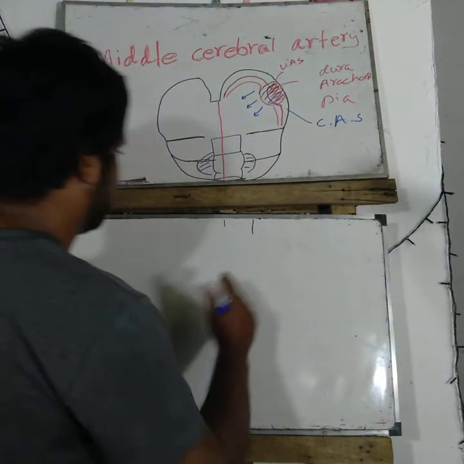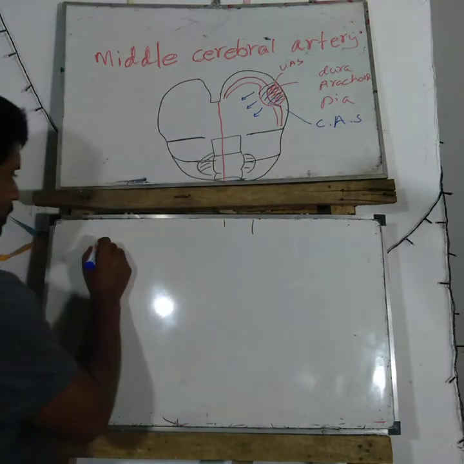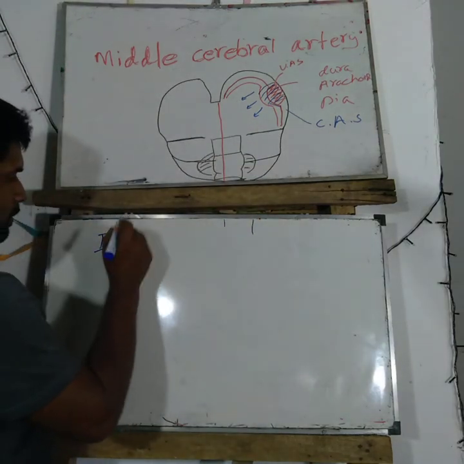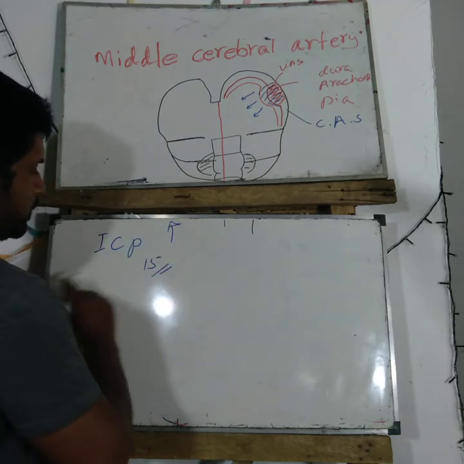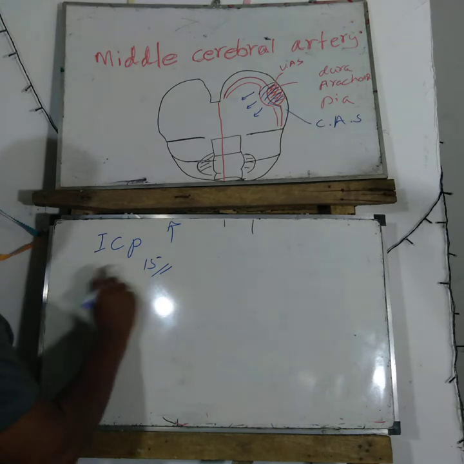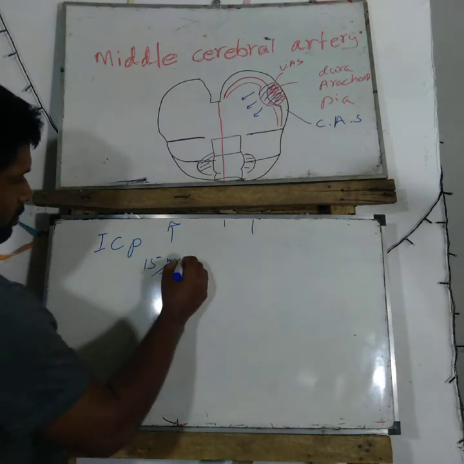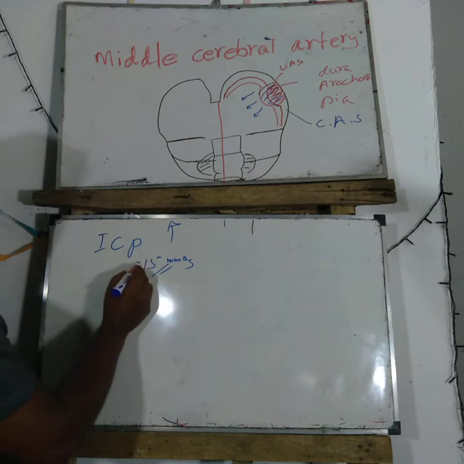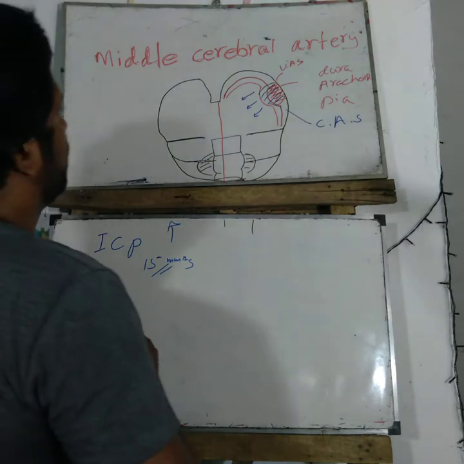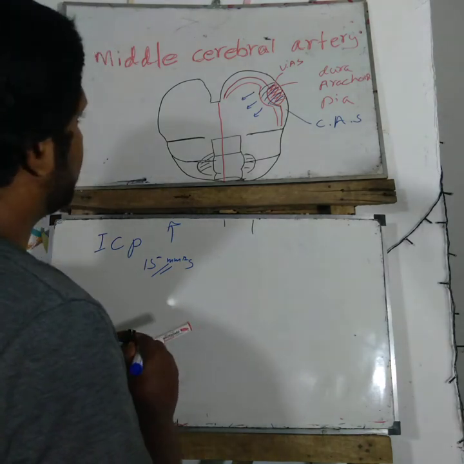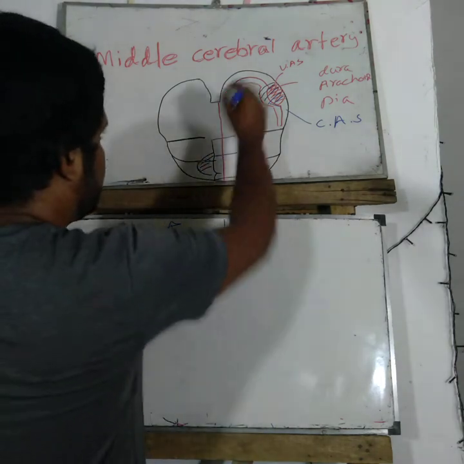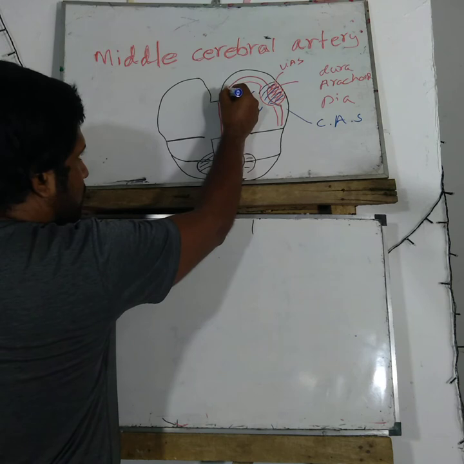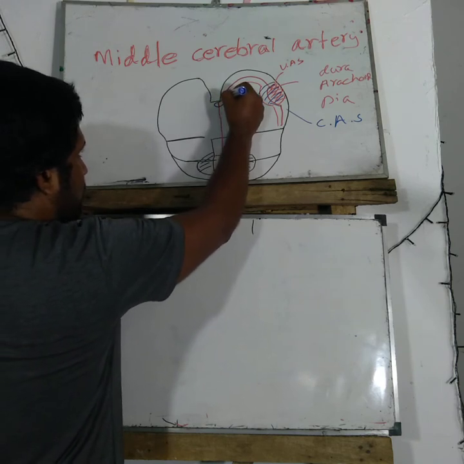When this is happening inside the brain, the patient's intracranial pressure goes up, normal is 15 or below. Intracranial pressure goes high.